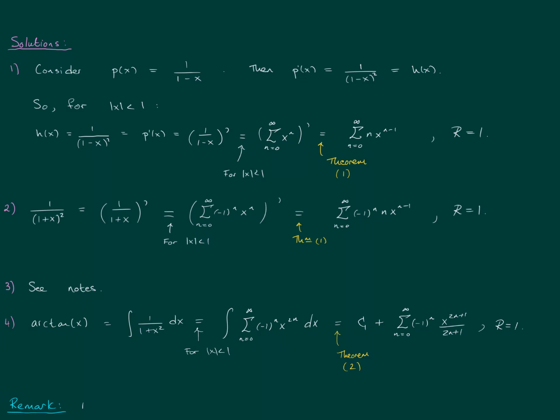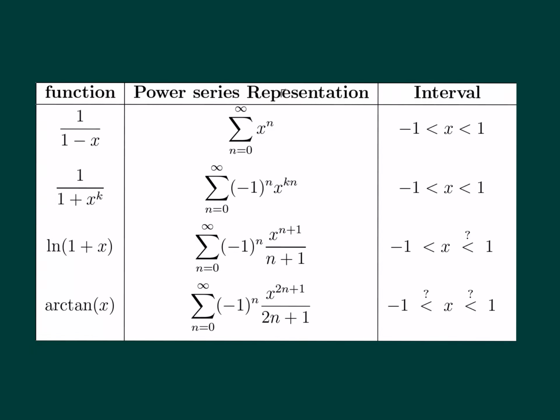So, remark: we found the radius of convergence for each case, but to find the interval of convergence, we would need to check the endpoints. Remember, because it could be open, half open, or closed intervals. So what have we shown so far? We have the following power series representations of the functions in this table, and the intervals of x values that make sense to plug into these power series.